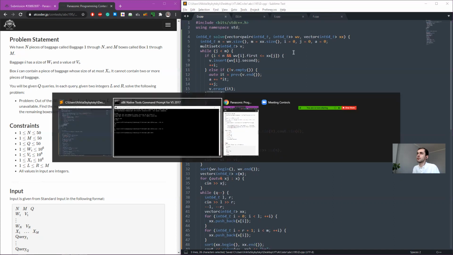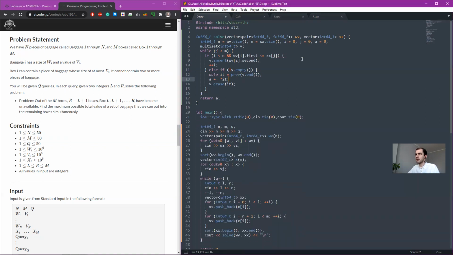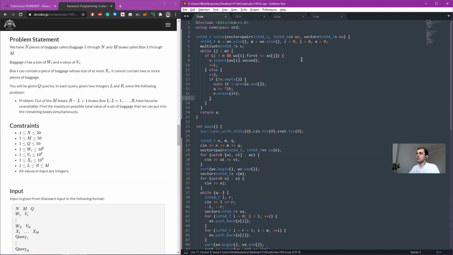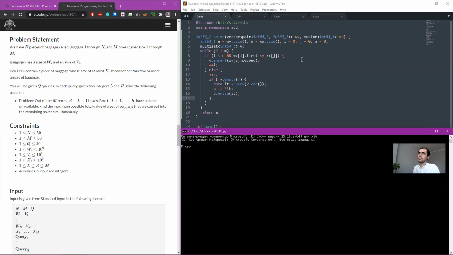So in this version, the answer is still 0. What is it in this version? Here the answer is 1.